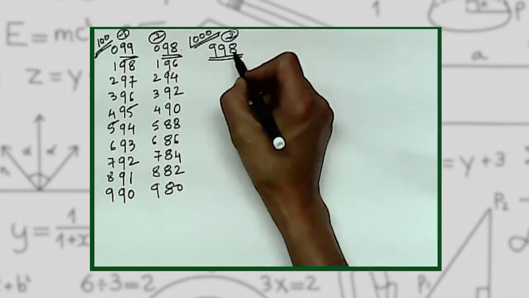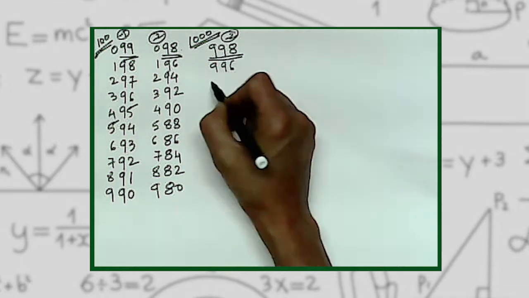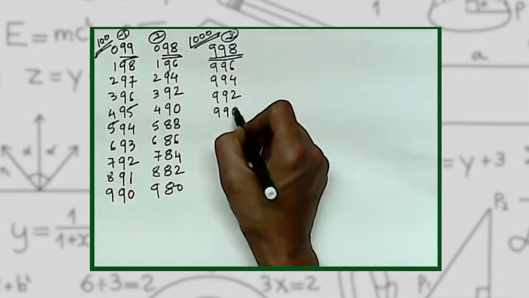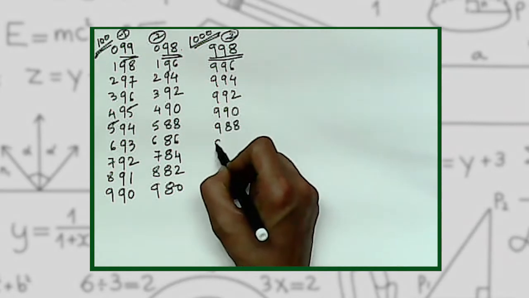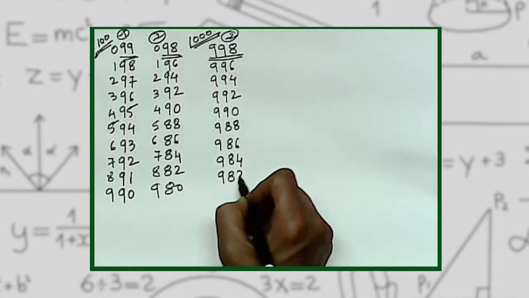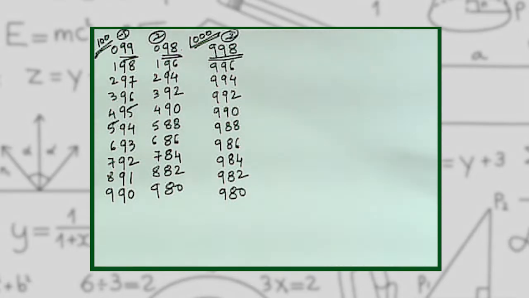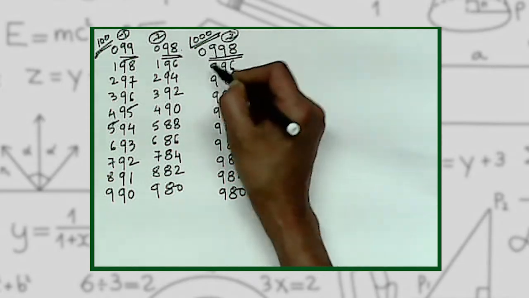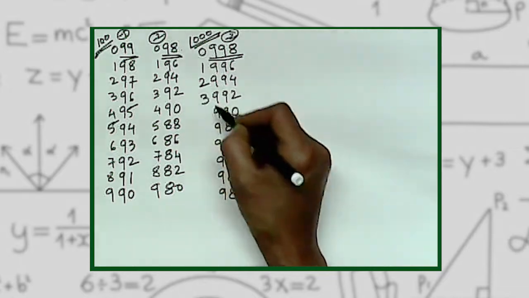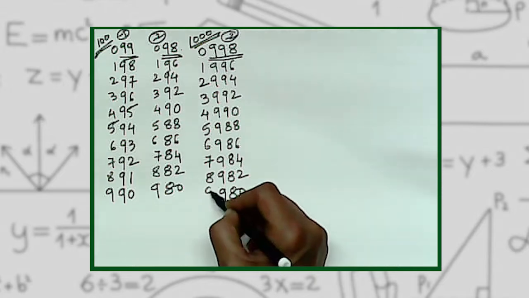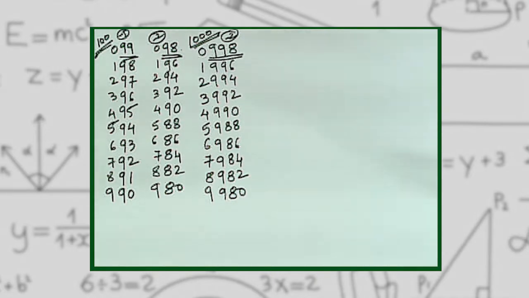Go on subtracting 2 from 998. 996, 994, 992, 990, 988, 986, 984, 982, 980. We have finished our right hand side. Now left hand side. 0, 1, 2, 3, 4, 5, 6, 7, 8 and 9. We have finished our table of 998 also.